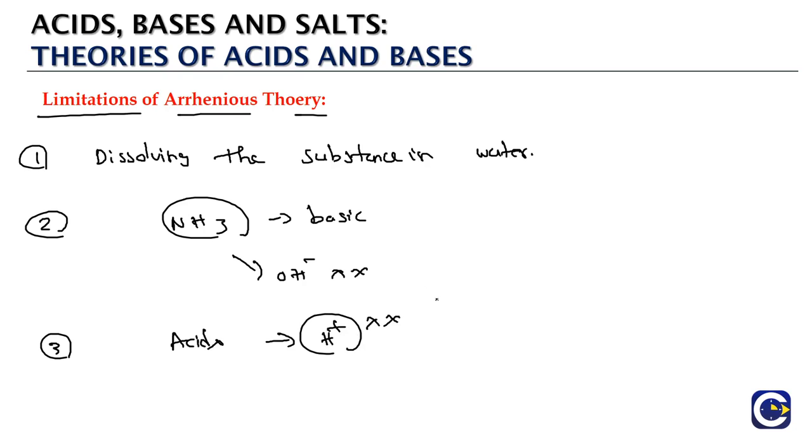So all those types of substances will not be able to get categorized into acids or bases based upon the Arrhenius theory. So the first and important limitation is that this theory is related to dissolving the substance in water. Not every substance we might be able to dissolve in water, bases like ammonia cannot give OH minus ions, and there are acids which will not be giving H plus ions. So for all these types of acids and bases, the Arrhenius theory will not be applicable.